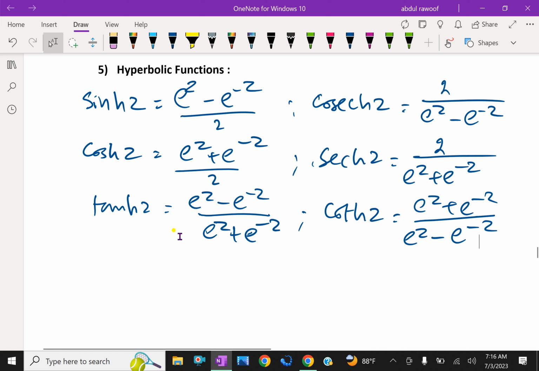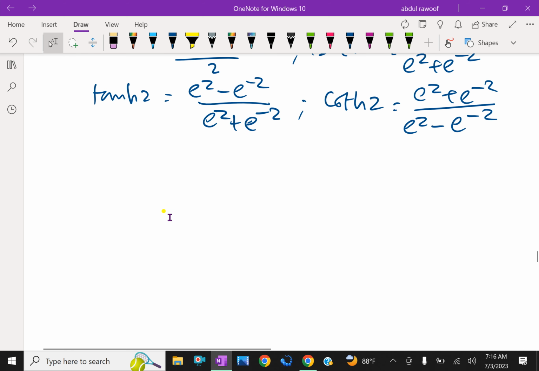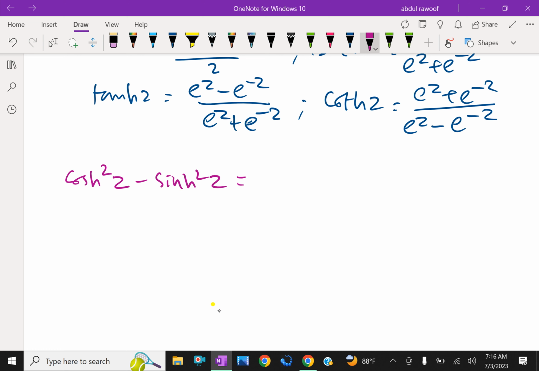Here the same, some further identities we can do. Look here: cos h square z minus sin h square z equal to 1. It's a basic identity for complex trigonometric functions.